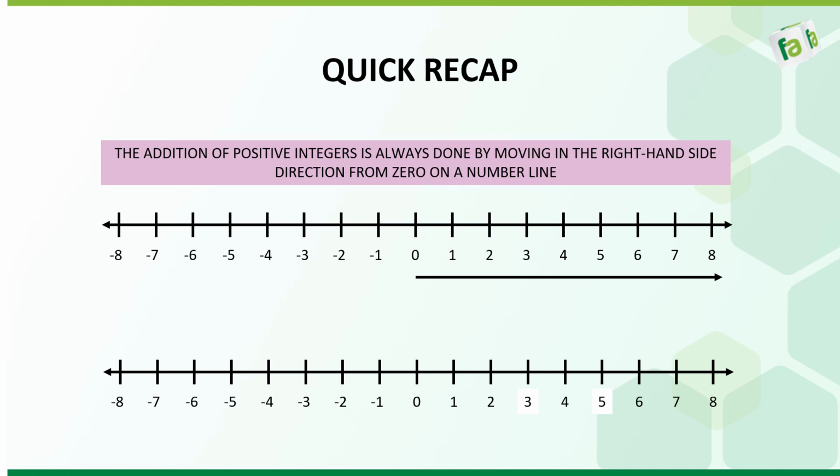Firstly, we are required to move to 3 from 0. After 3 is located, we will move 2 more steps from 3. This takes us to 5, and that is our answer, or the sum of 3 and 2.